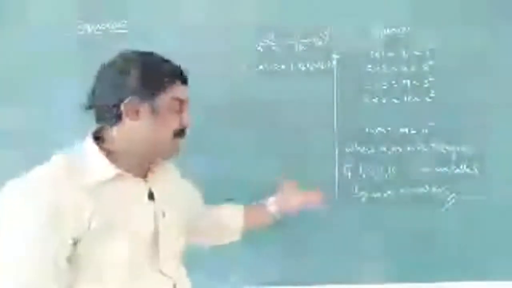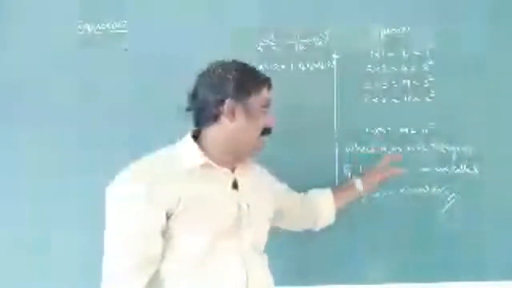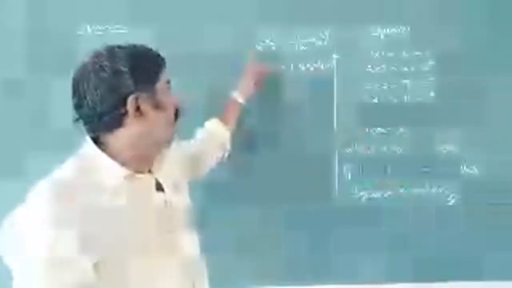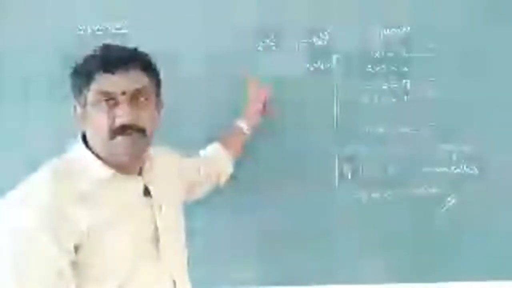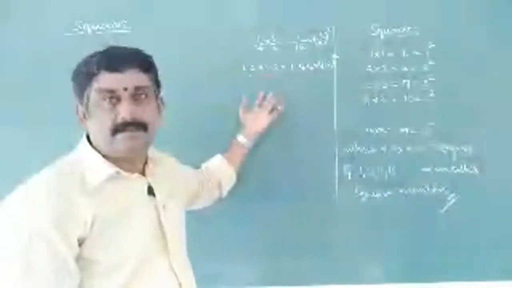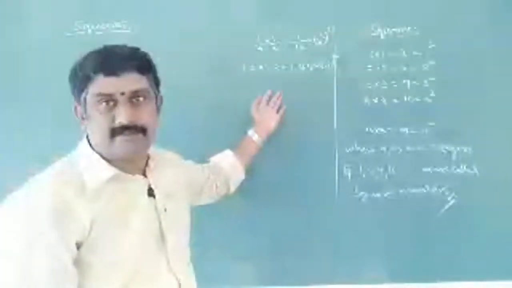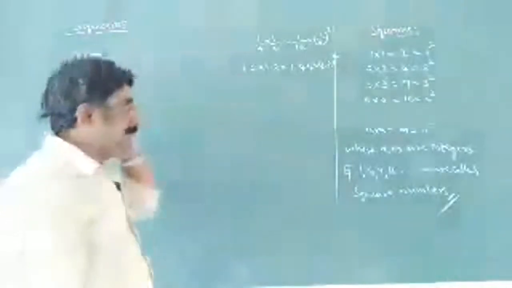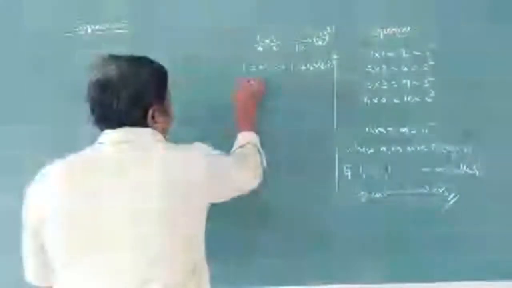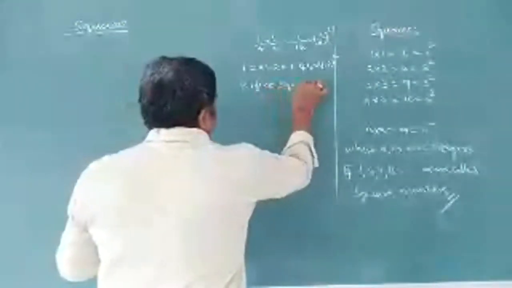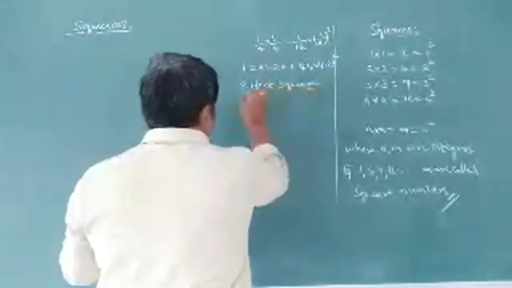Of course these are not integers, where n and m are integers we are saying here. 1 by 4 is not an integer, 1.2 is also not an integer. Then what will these be called? These are nothing but perfect squares. So these are perfect squares.